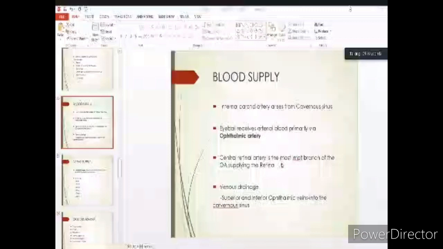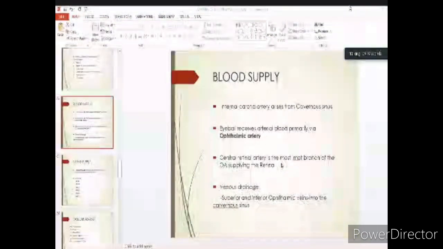Then it's a medical emergency, or surgical emergency, or eye emergency, call it what you like, because vision is lost 100%. There is nothing you can do. The retina just dies off because there is no supply to the retina. So it's a medical emergency actually.